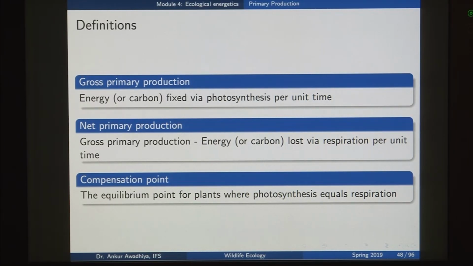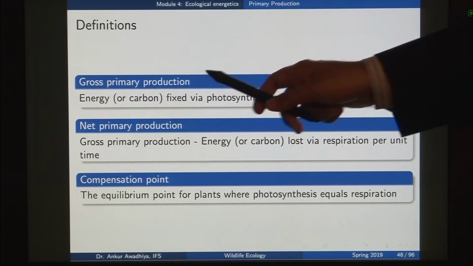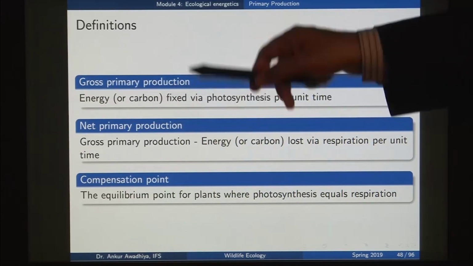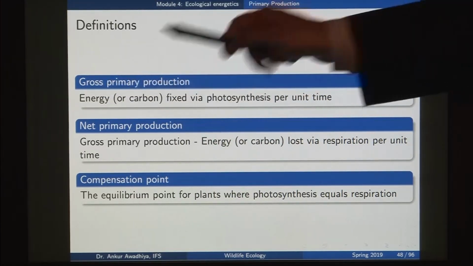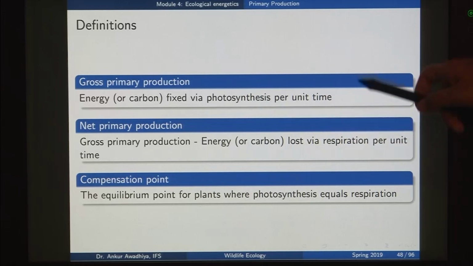Now, in some of the books we say that gross primary production is the energy or carbon that is fixed, and gross primary productivity is fixation per unit time. This is a semantic difference that we see in some literature.